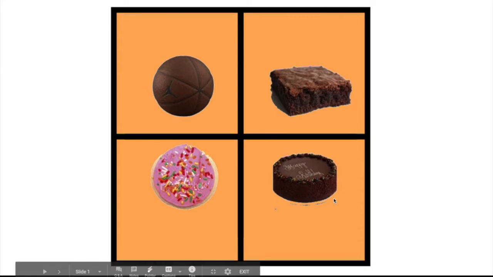All the other ones don't have words on them. This one says happy birthday. So that's how this activity works. You can choose any one of the 4 and explain why it doesn't belong by making a rule that all the other ones are following, but that one isn't. Let's do another one as an example.